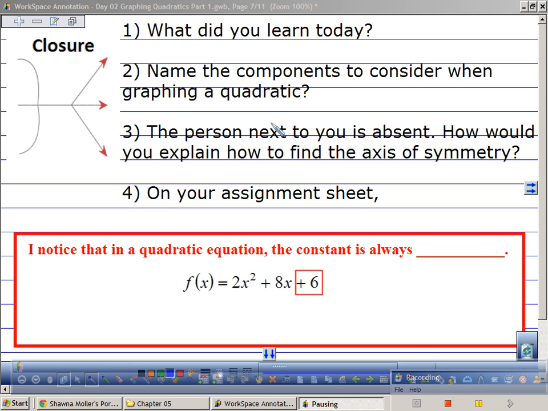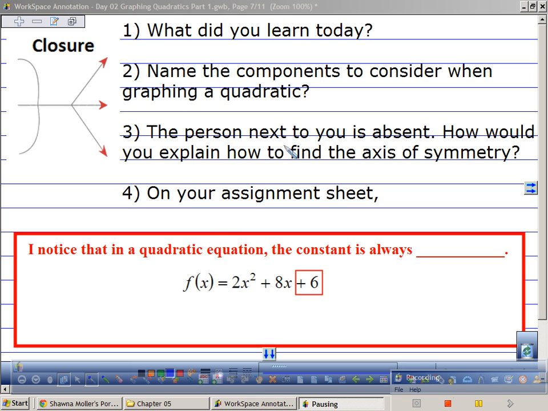What else do you need to consider? Well, that's the steps. What we're considering are zeros. Think of when you're graphing, what does it look like? You consider the zeros, you consider the axis of symmetry, you consider the vertex, right? And you also consider the y-intercept when you're graphing.